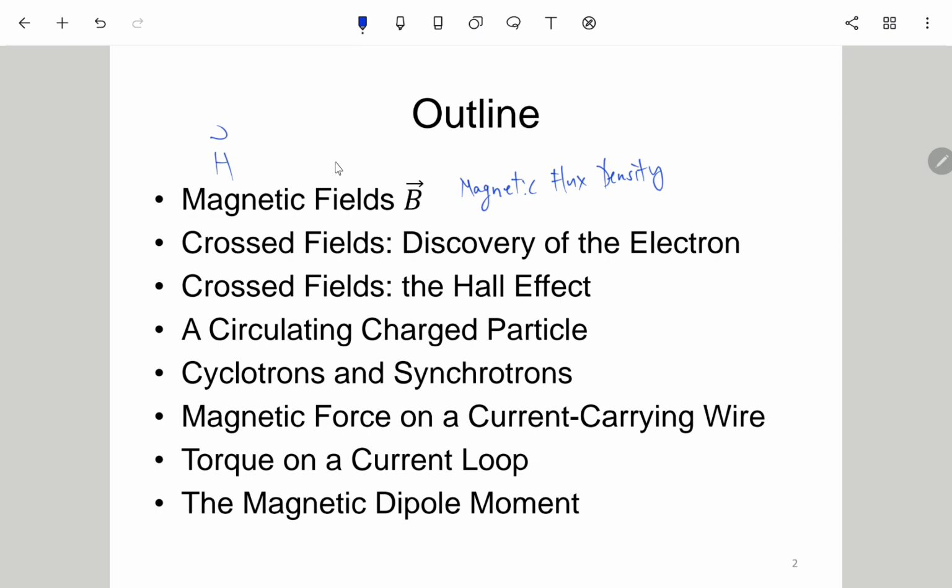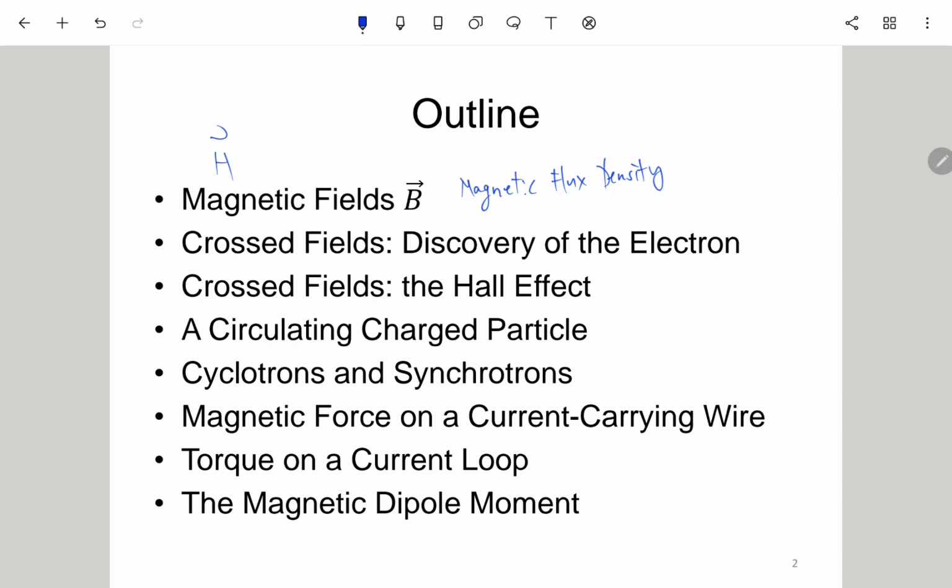Later on we will talk about crossed fields: the discovery of the electron, and the Hall effect. The Hall effect verifies that the charged particles in a conductor are negative rather than positive. Before that, scientists considered current to be moving positive charge.